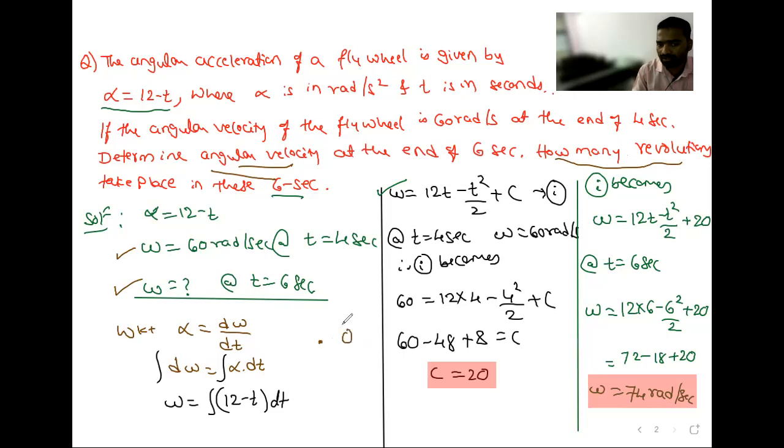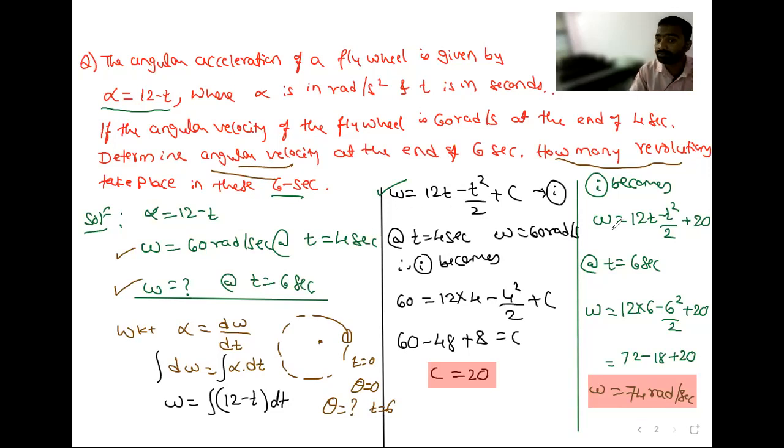The object is rotating like this. Initially, at time t equal to 0, what is the displacement? Theta is equal to 0. Everyone, is it correct? Yes. So after t is equal to 6 seconds, how many revolutions have taken place? He is asking, that is, theta at t is equal to 6 seconds is how much? Did you understand? What is asked?